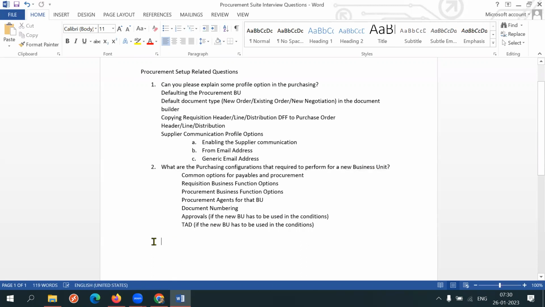Okay, I'm moving to the next question, team. What are the predefined line types available in Oracle Fusion Procurement?